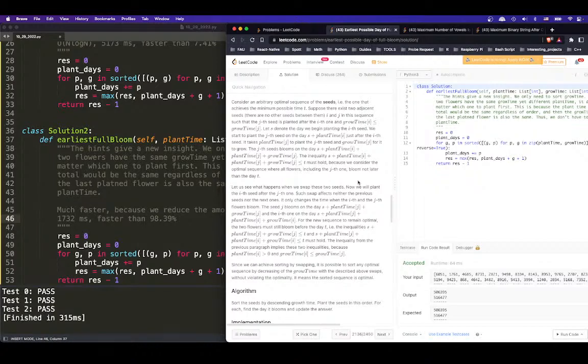And the assumption is GT i is smaller or equal to GT j. So the second situation is always going to be optimal. Oh, good proof.